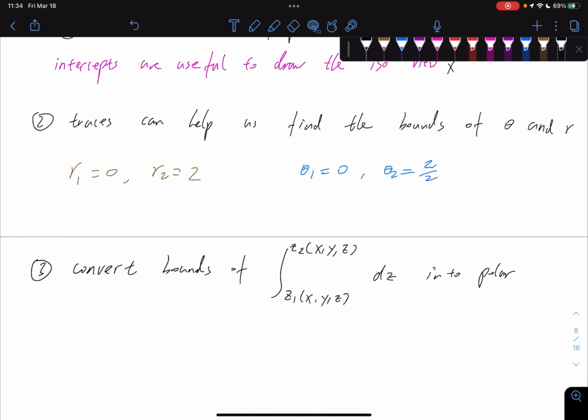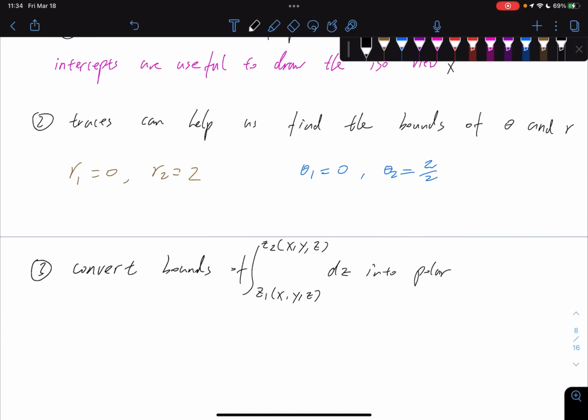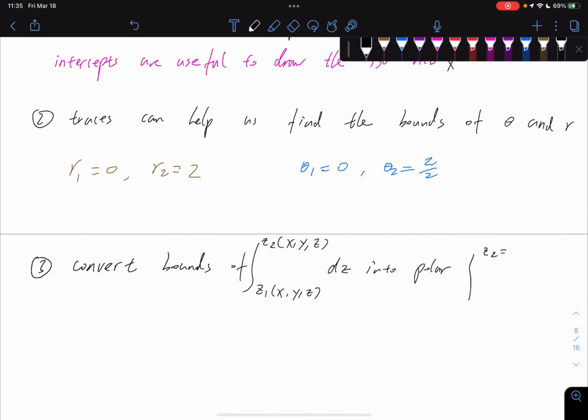So that will give us z2 equals something of z2 of r and theta, and then z1 equals z1 of r and theta.